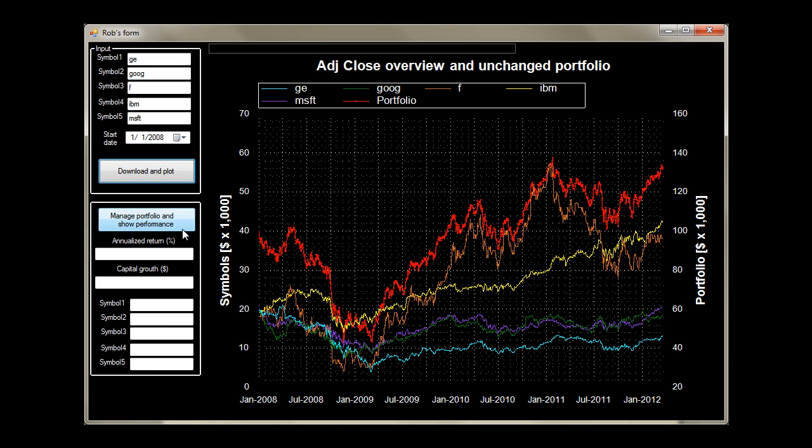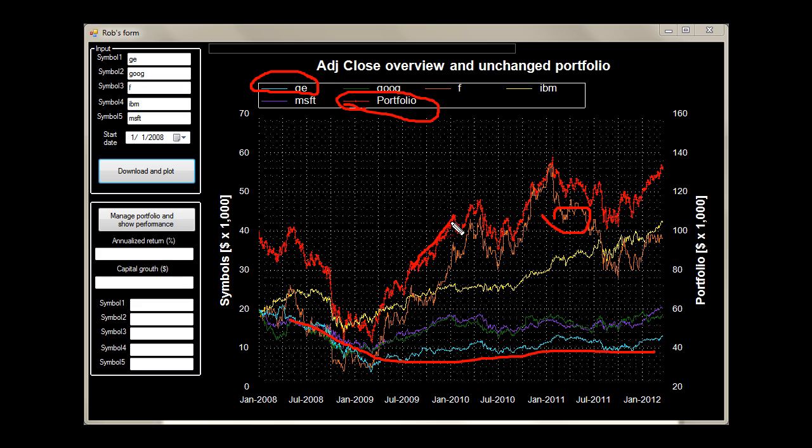And in a moment, it comes up and shows all the different stocks. Now, one of the things that needs to be done, as you can see here, is where General Electric is this blue line, Microsoft is the purple line, Ford Motor Company is this orange line, and then we have our portfolio strategy, and that happens to be right here.